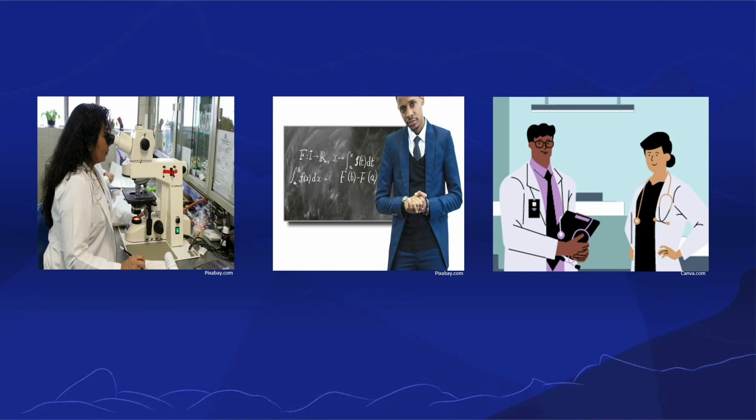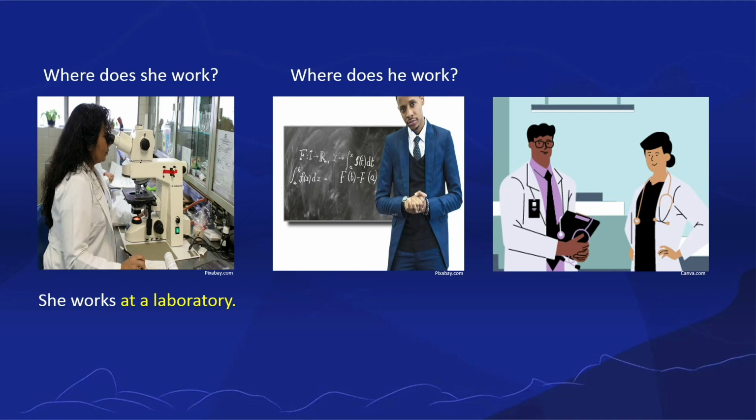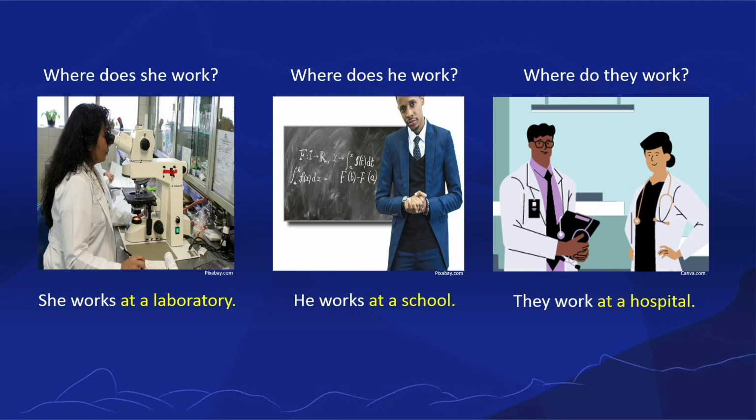Now, let's see once more. Where does she work? She works at a laboratory. Where does he work? He works at a school. Where do they work? They work at a hospital.